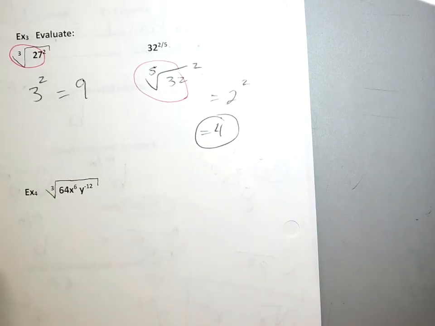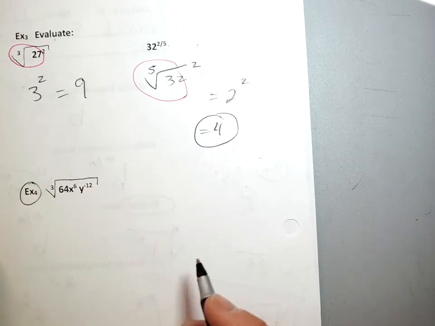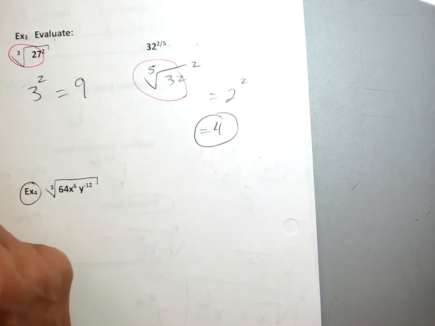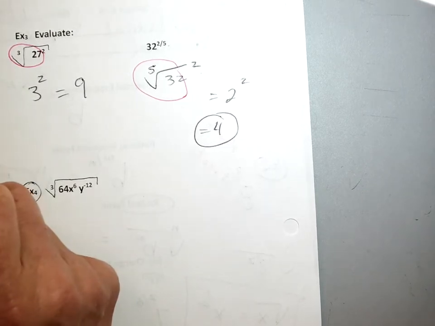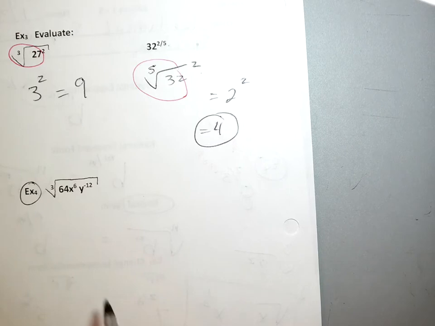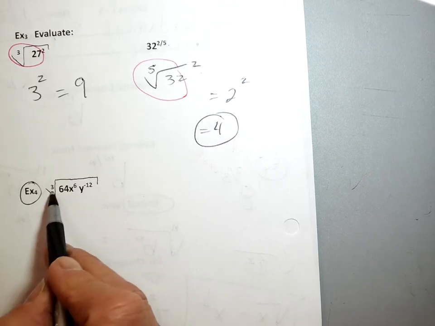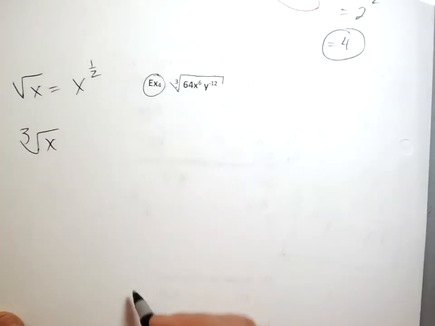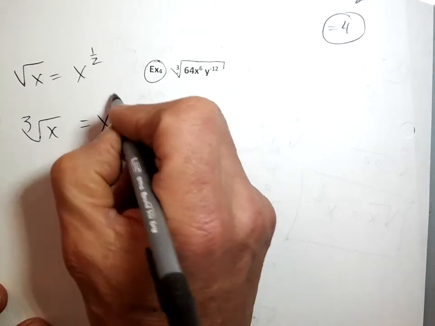Now, example 4. If the square root of x is a 1/2 power, right? Then a cube root should be what? What do you think? A cube root should be a 1/3 power, right? So a cube root of x is a 1/3 power.